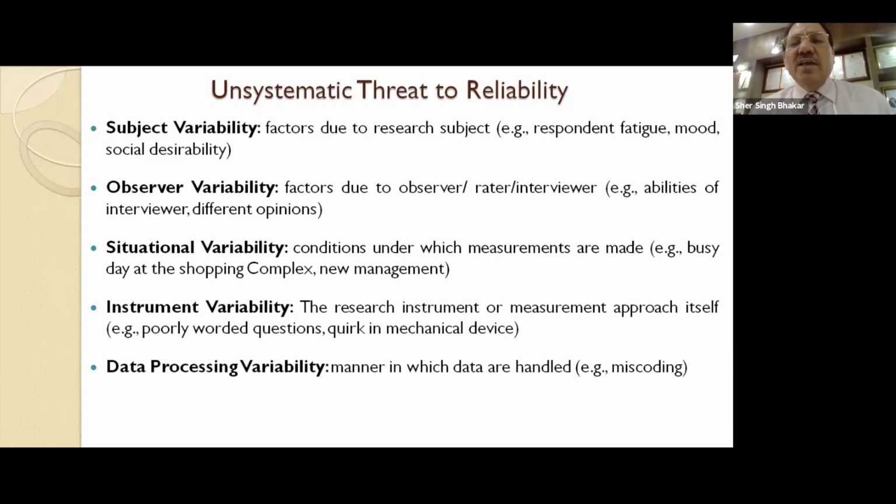While editing, if you replace all the cells for which the respondents have not given a response by a mean value or a median value, naturally that cannot replace the actual values that the respondent might have given. If somebody has not responded to a particular statement, the respondent would have been on an extreme, either the lower side or the higher side, and that is the reason why he did not give the response.